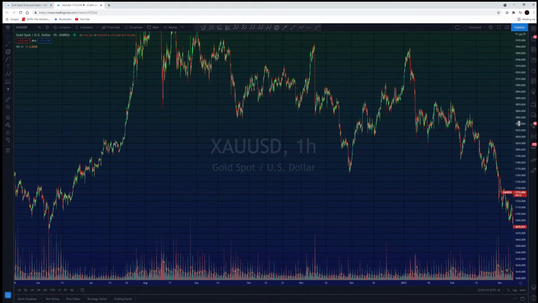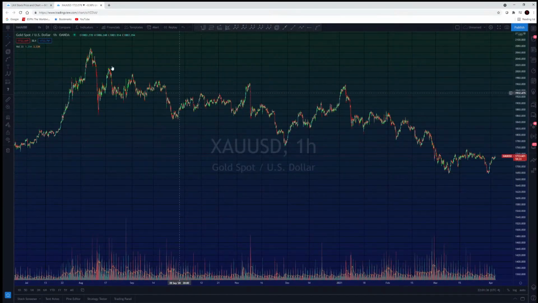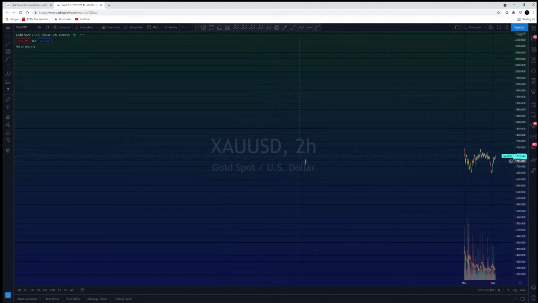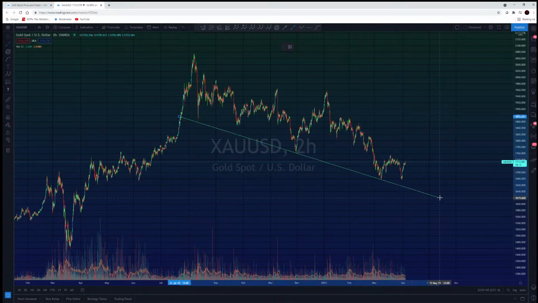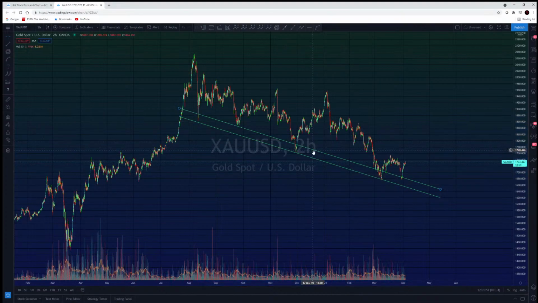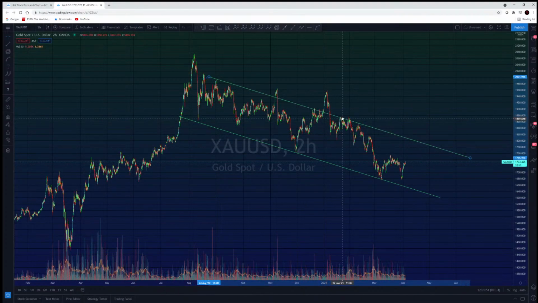So if the dollar is dying, then gold could be bullish. But gold's been in this downtrend literally forever. So that's the only thing that's been keeping me back, is you basically have this downtrend that is literally a year long. And so for me, it's not time, but I don't think it can hurt getting gold at 1700.